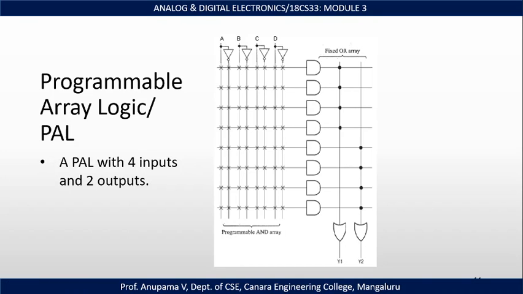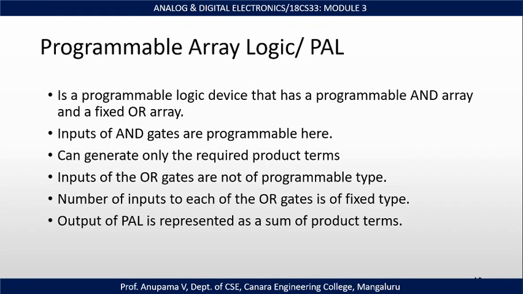In this PAL, the outputs of the first 4 AND gates are the input for the first OR gate and the outputs of the next 4 AND gates are the input for the second OR gate.